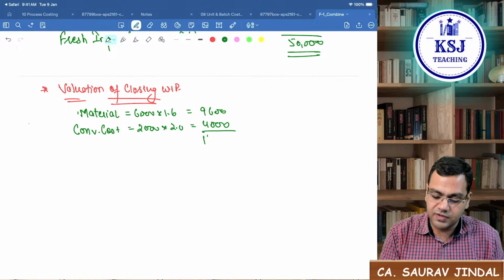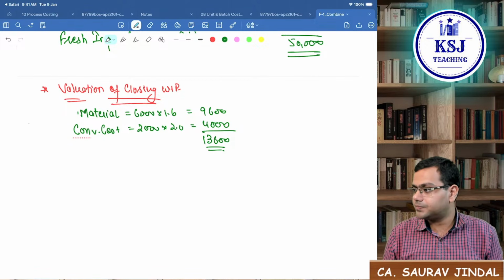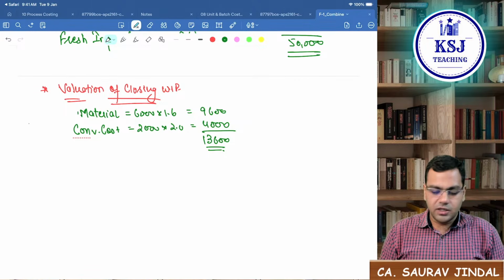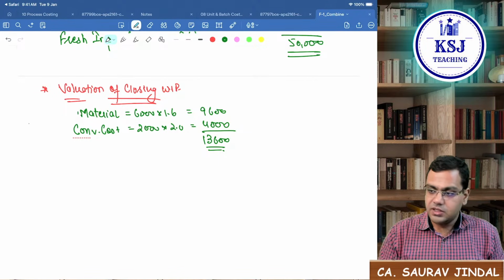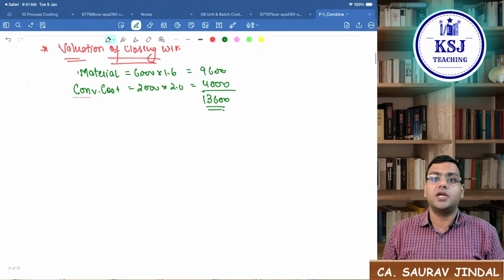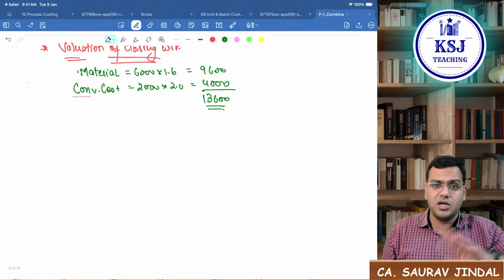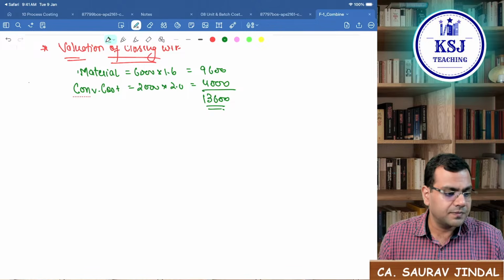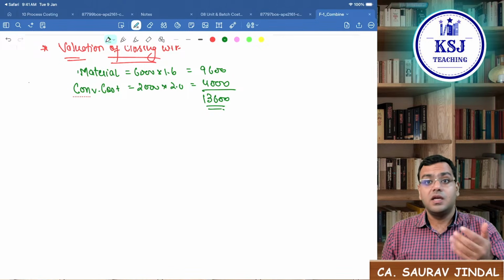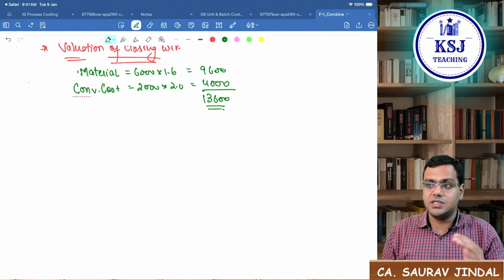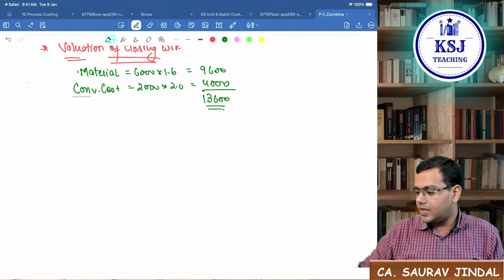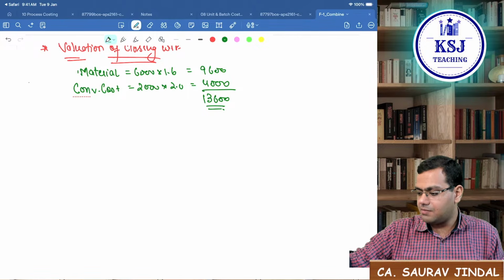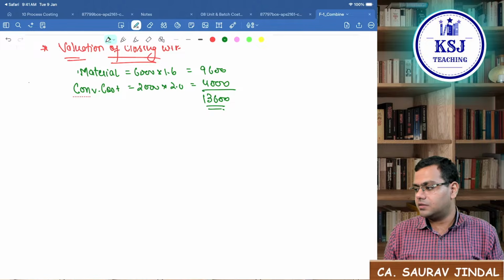So total of 13,600 rupees of the closing WIP. This is your closing WIP valuation done. In case there is an abnormal loss, similarly you can value it as we have done earlier. In case normal loss is there, abnormal loss is there, those treatments will remain same as we have done earlier.